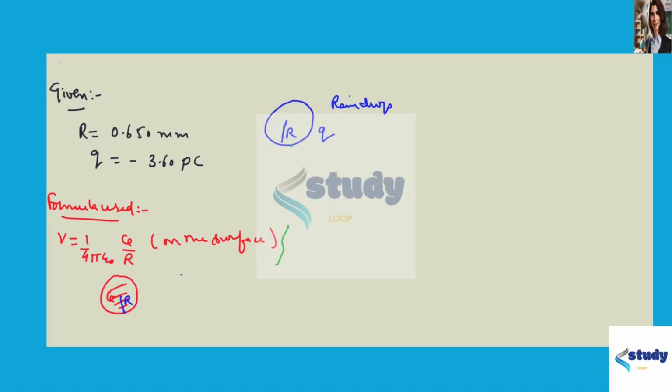So we can use this formula to find out the value of the potential. So we have the potential on the surface of the raindrop equals 9 into 10 raised to power 9. Now putting the value of the Q here, which is minus 3.60 into 10 raised to power minus 12. 1 pico is equal to 10 raised to minus 12.